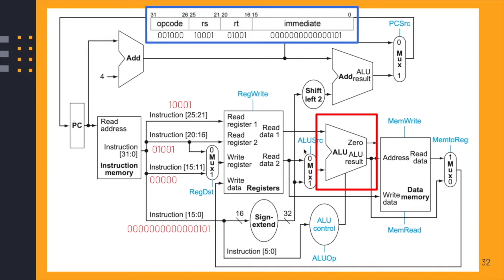Okay, so you can see this multiplexer has a selection bit or control signal called ALU source. This will select one of two values, whether the value of register RT or the value from the sign extend module, which is the immediate value. Guess what? In an immediate instruction, do I need the value of register RT or the value of the immediate?